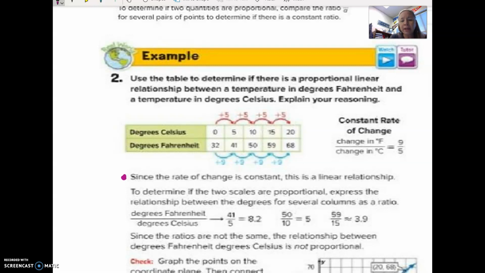First of all, since the rate of change is constant, we can see here this would be my x value, this would be my y value.